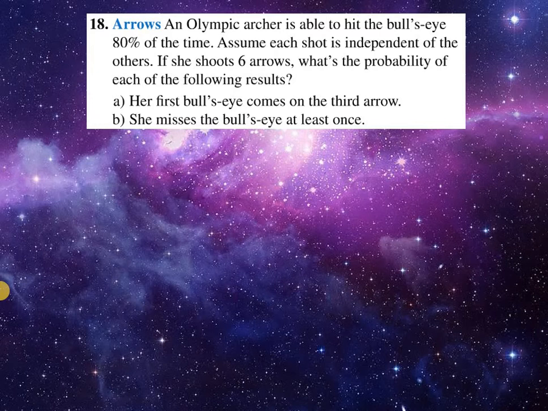So what are my conditions I need to check? Before that, binary. Is this binary? Yeah, because you either hit the bullseye or you don't. The next one then was independence. What do you think? It says yes. Don't even need to hope representative. It says it's independent.